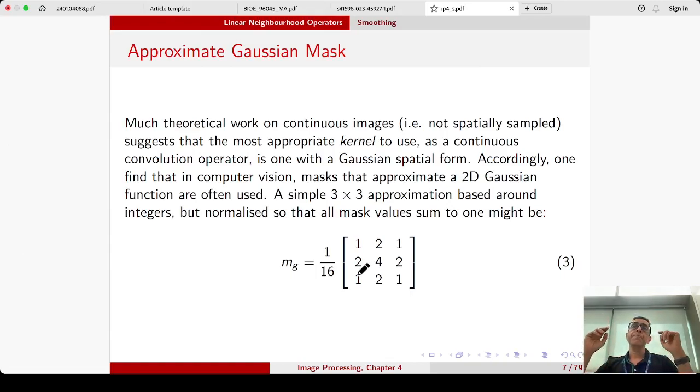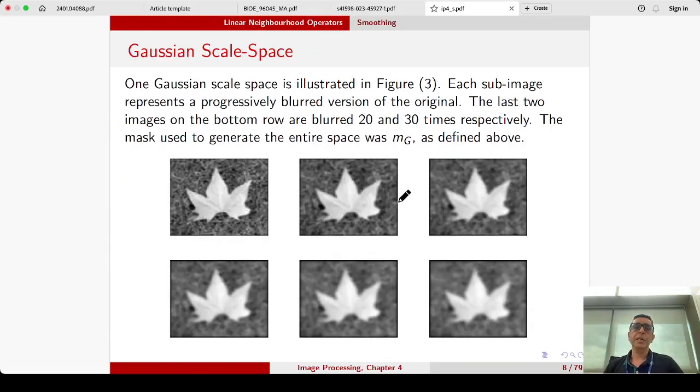In fact, the Fourier transform of a Gaussian in the spatial domain is a Gaussian function in the Fourier domain with an inverse width to whatever it is in the spatial domain. So we'll come back to that later on.